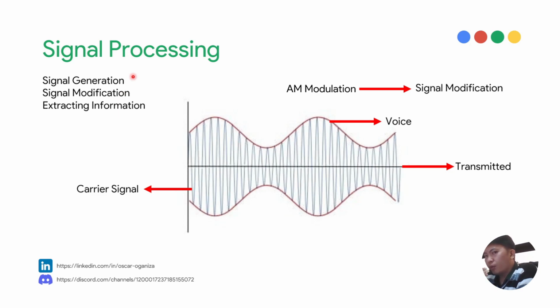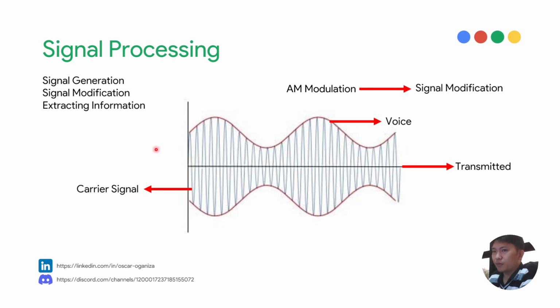If we modify our voice through amplitude modulation, as we said earlier, either you compress or you reduce the noise, you improve the signal to produce a better signal or better voice.